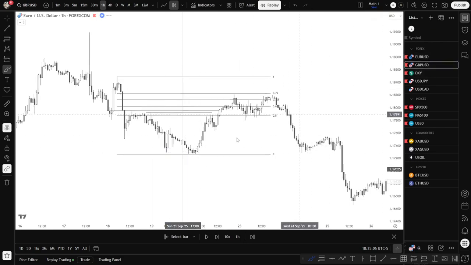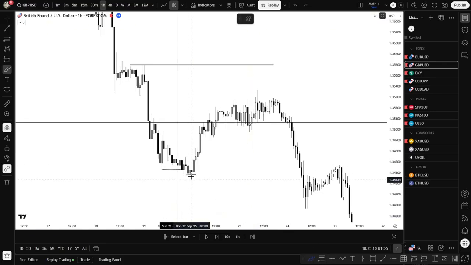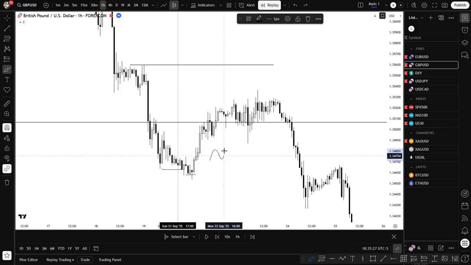And then where's the confirmation that we are bullish? We don't want to force this. You can trade this if you are advanced, but you don't want to force this. Once we flip the high, this is the high that caused this low, the high took the low. Once this is broken, now what do we need? We need the high, we need the sweep for expansion, and we need the close.